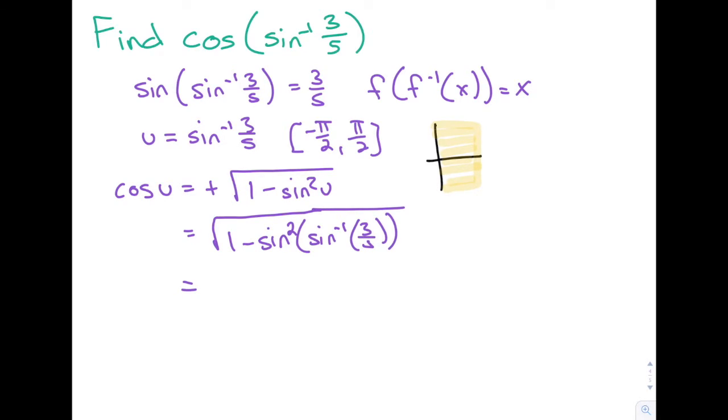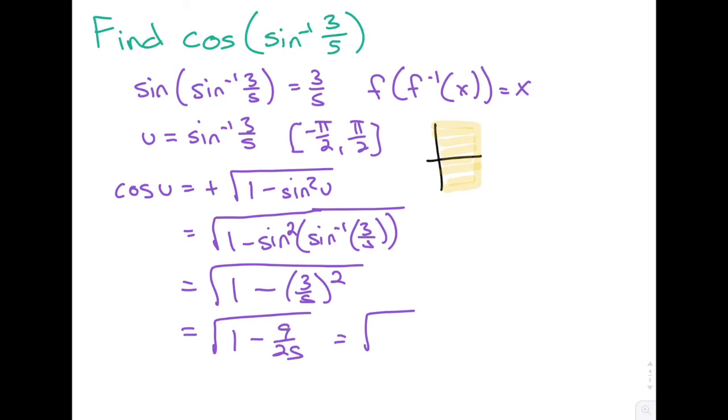That means we should just have 3/5 left, since sine of sine inverse just gives us whatever we've handed sine inverse. So we have the square root of 1 minus quantity 3/5 squared, which gives us the square root of 1 minus 9/25, the square root of 16 over 25, which is 4/5.